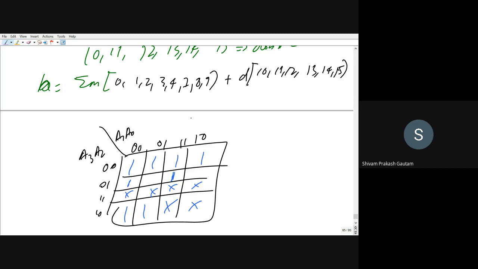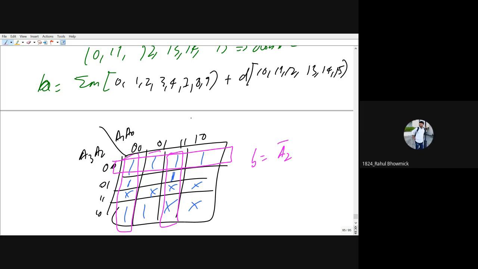Isolated cells are there. Can I group it like this? Just see whether I can group it like this or not. Then B will be equal to... there is one cell left, cell number 9.